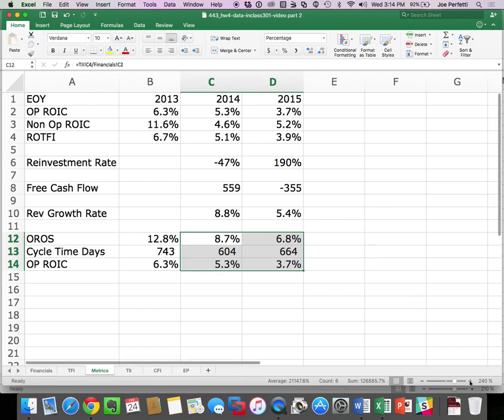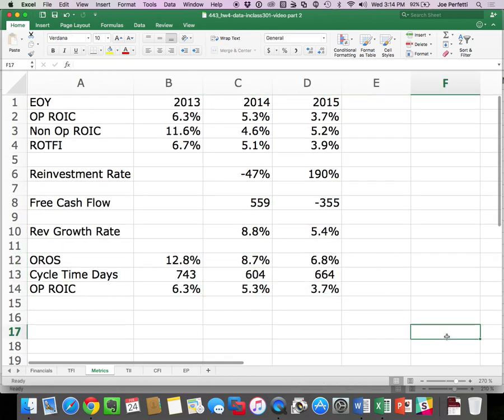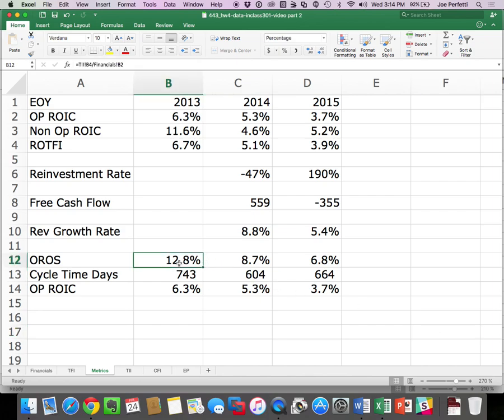All right, so let's talk about performance between 2013 and 2015. Look at ROIC. In 2013, the business made 12.8% every 743 days for a 6.3% annual rate of return.